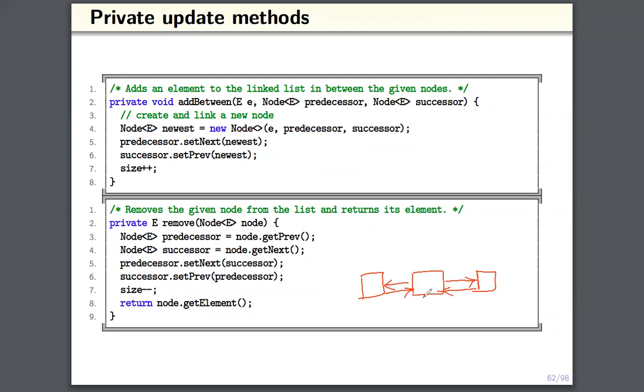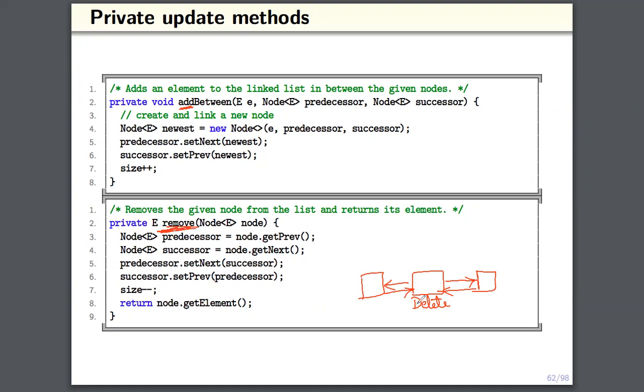Okay, so you want to delete this node, remove node, right? Delete this node. But this is not of the form remove between. We don't need it. Why? Because we can always find predecessor and successor given a node. Right? See, this is not just add, this is add between. But we don't have remove between, it's just remove.